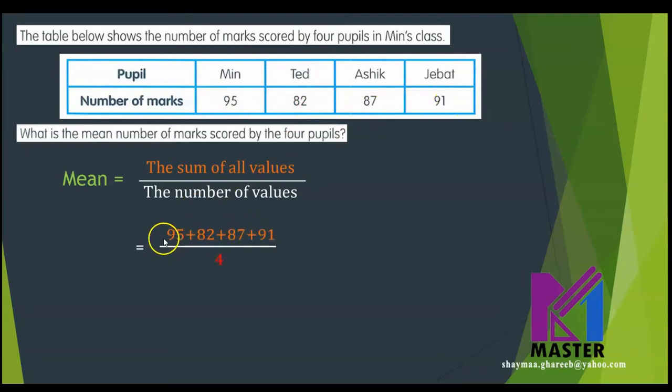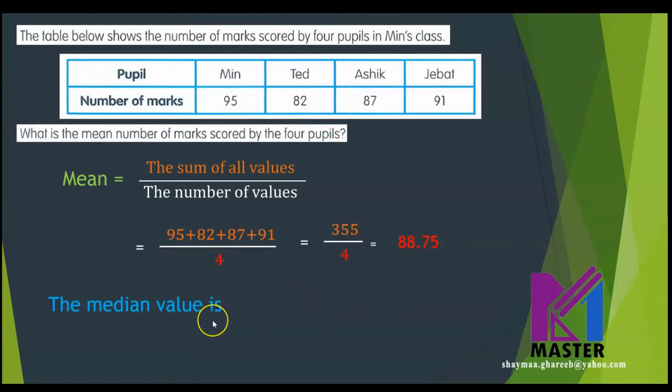Let's see. 95 plus 82 plus 87 plus 91 divided by 4, which is 355 divided by 4. 355 divided by 4 equals 88.75. As we said, the mean could be a whole number or a decimal number.